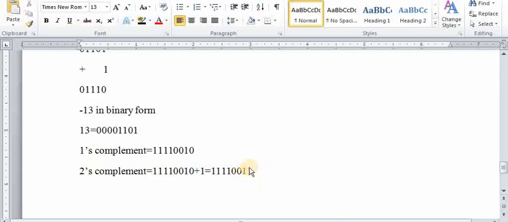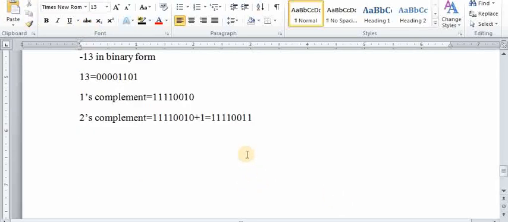Now the question is, how can we say that not 12 is equal to minus 13? Let's take an example. Let's represent 12 as a binary digit. It will be 1 1 0 0. Now represent it in 8 digits and find its 1's complement.